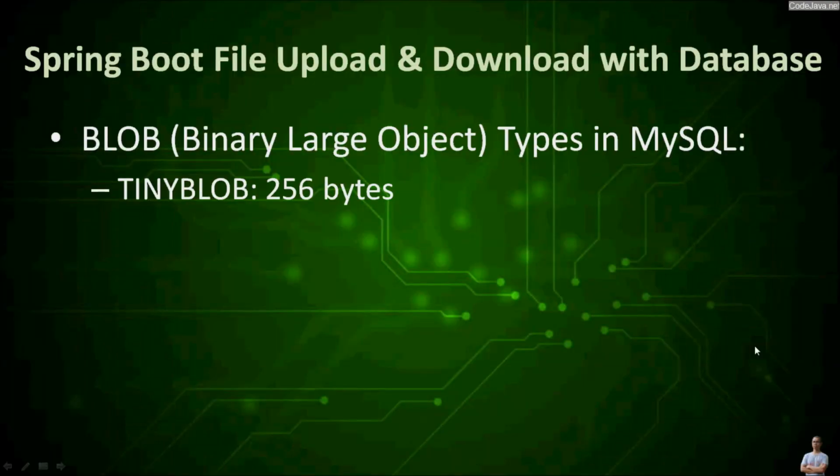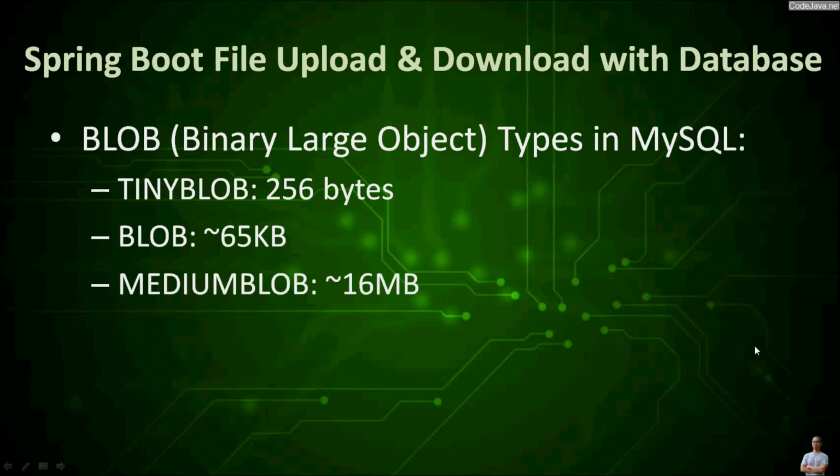And MySQL also provides a blob type. Blob can store up to 65 kilobytes of binary data. Medium blob can store up to 16 megabytes of binary data. And the long blob type can store up to 4 gigabytes of binary data.